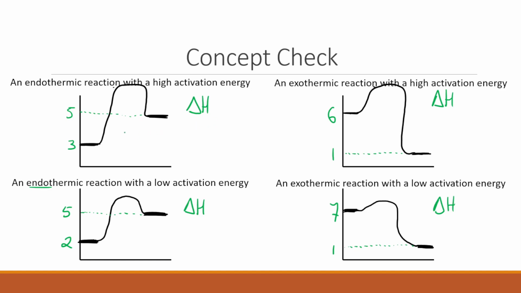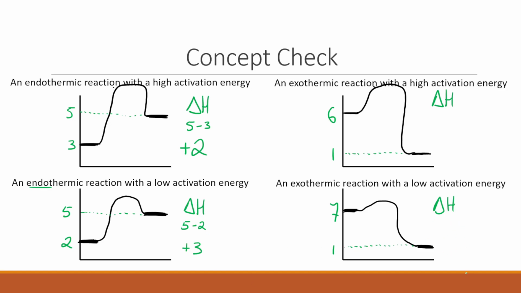If we're looking, let's go counterclockwise. Here, products minus reactants is 5 minus 3, giving us a delta H of positive 2. Here, delta H is products minus reactants, which is 5 minus 2, giving us a delta H of positive 3.